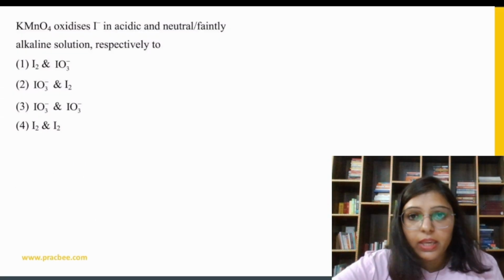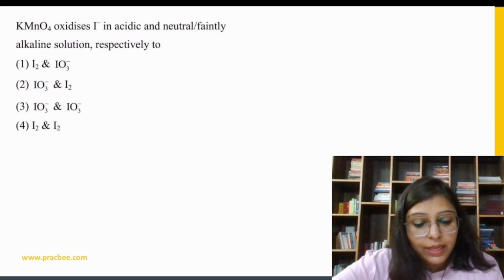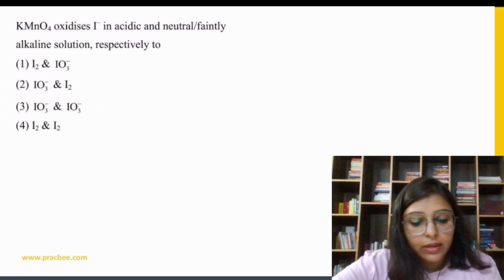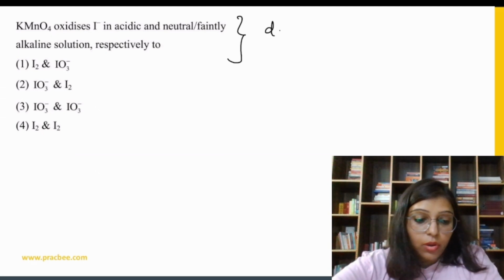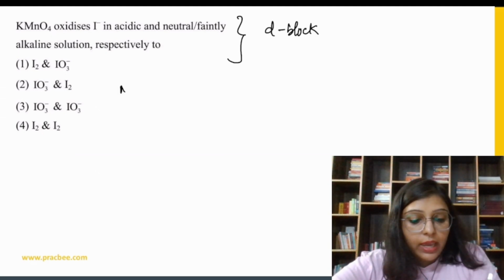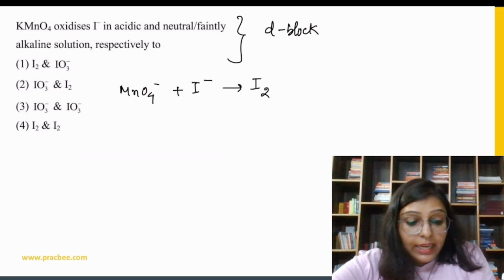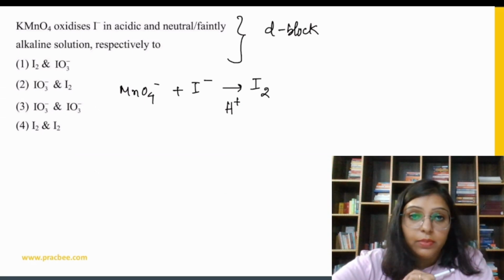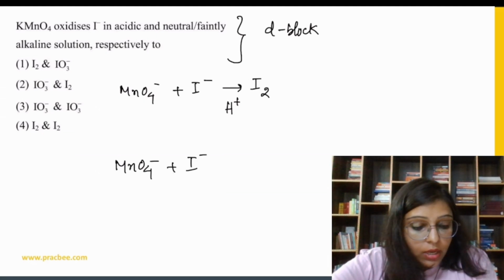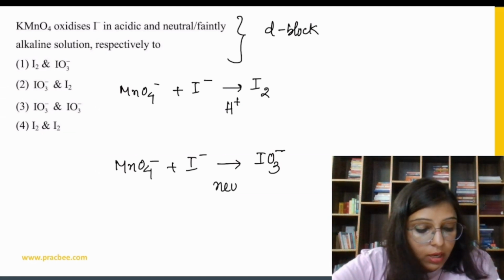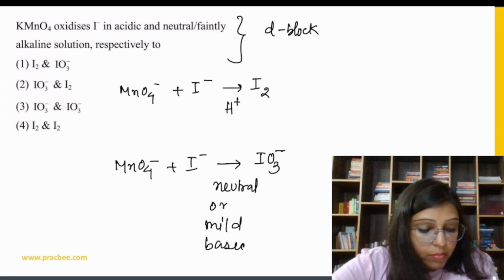Let's do this question. KMnO4 oxidizes I minus in acidic and neutral faintly alkaline solution respectively to... This is part of the D block. In the D block, MnO4 minus oxidizes I minus to I2 in acidic medium, and MnO4 minus converts I minus to IO3 minus in neutral or mild basic medium.